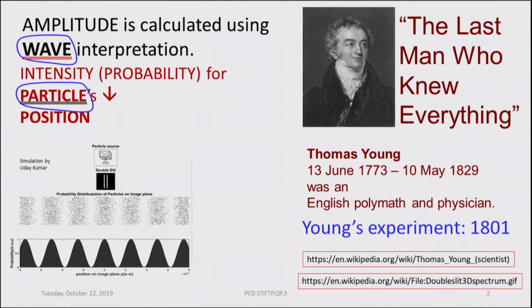Now, what is interesting is that you account for this interference pattern in the traditional explanation of the Young's double slit experiment by invoking the wave description, and then the intensity itself, which is a measure of the probability. It gives you information about where the particles are likely to arrive.